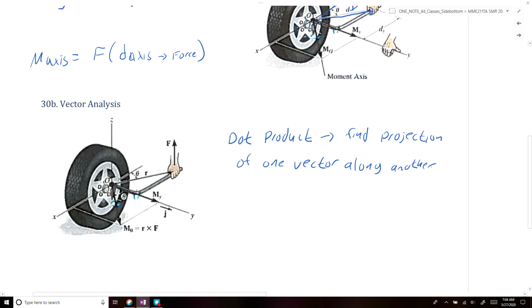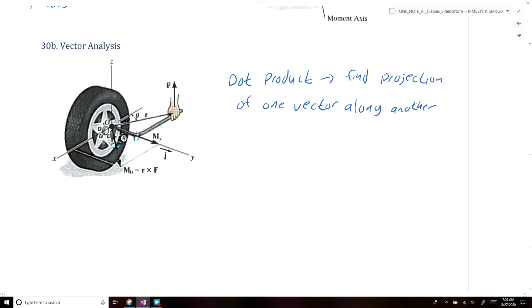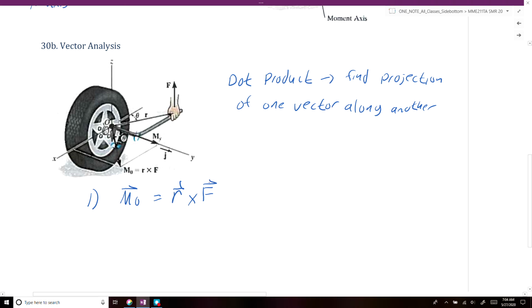In this case, our first vector is the moment about the origin, which we define using r cross F, where r is our position vector and F is our force vector. The second vector is our specified axis, which in this case is just the unit vector j along the y-axis. So the moment about the y-axis would be equal to j dot r cross F.